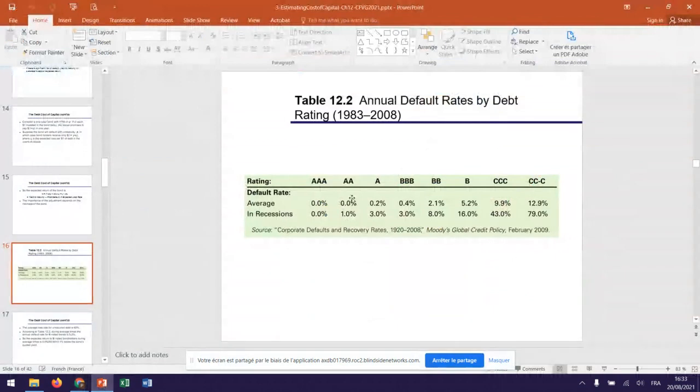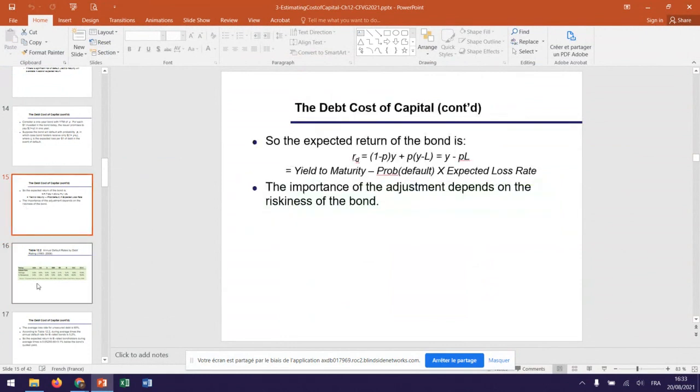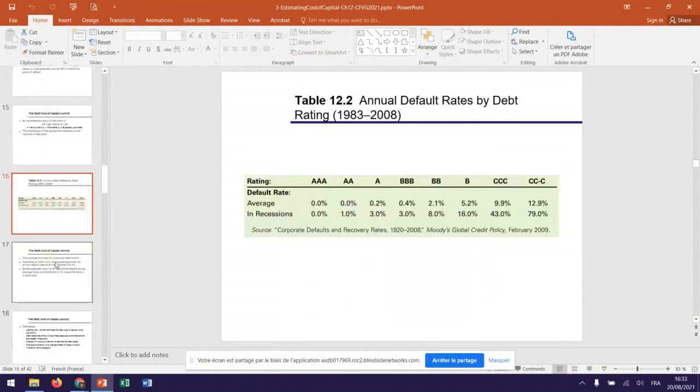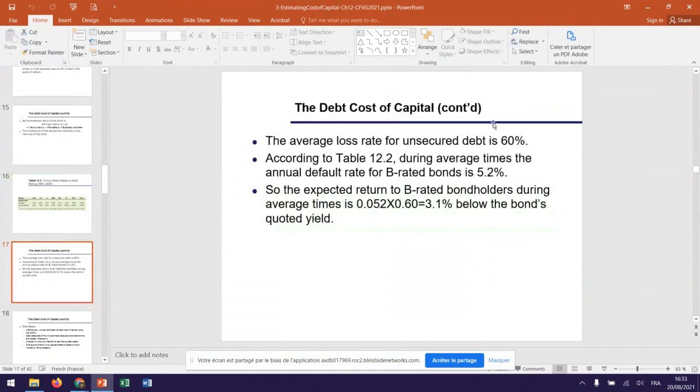let's go back to our business. As you can see here, I can see the different types of probability of default based on the historical data that allow you to plug in the P, and also the expected loss rate on the unsecured debt is about 60%.